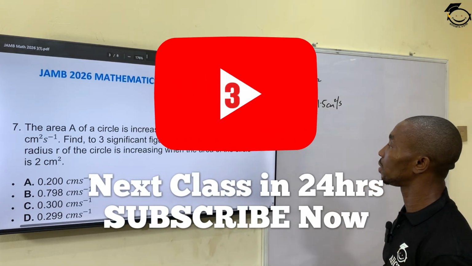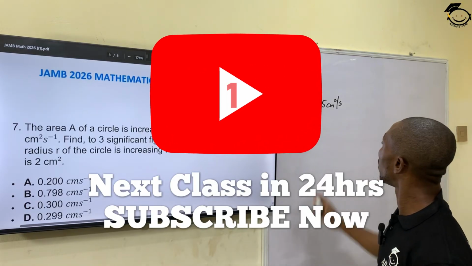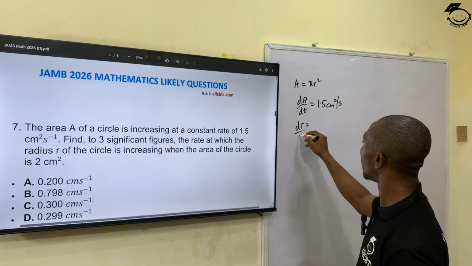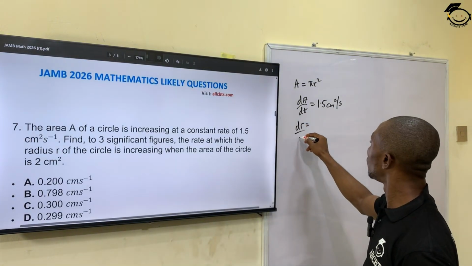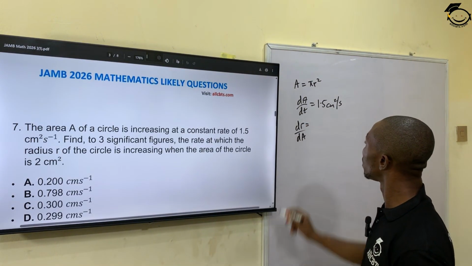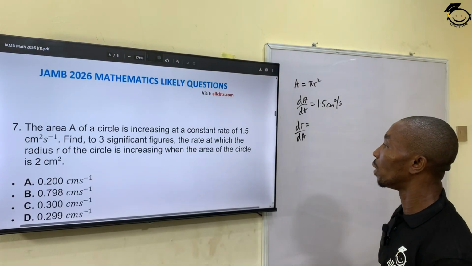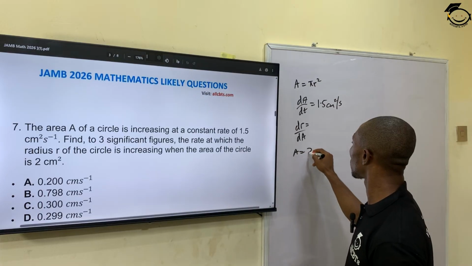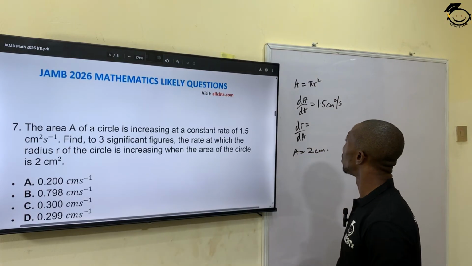Now they said find the rate of our radius, dr over dt, when the area of the circle A is 2 centimeter.